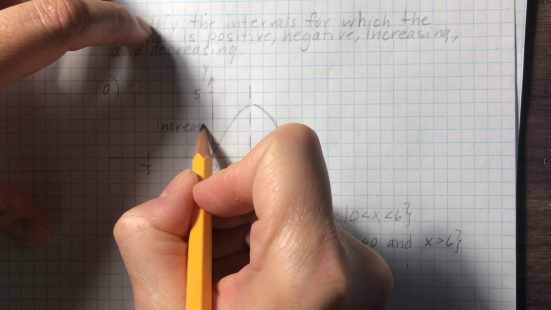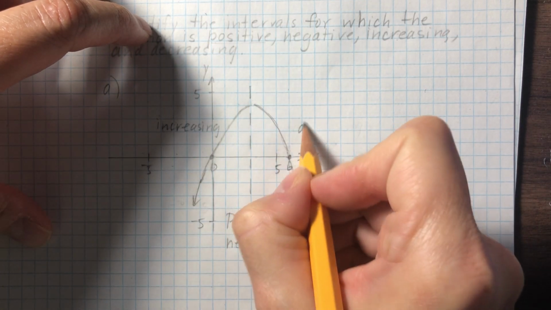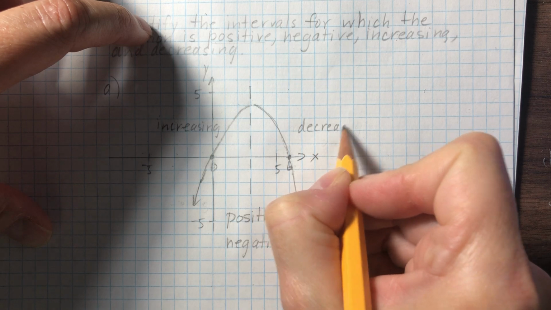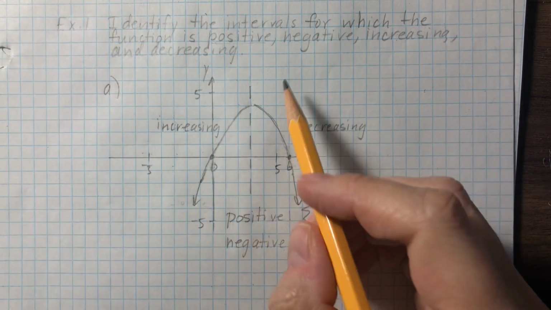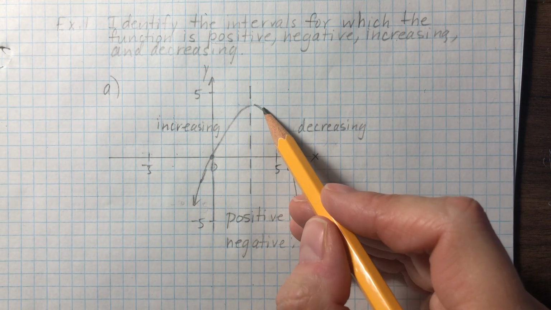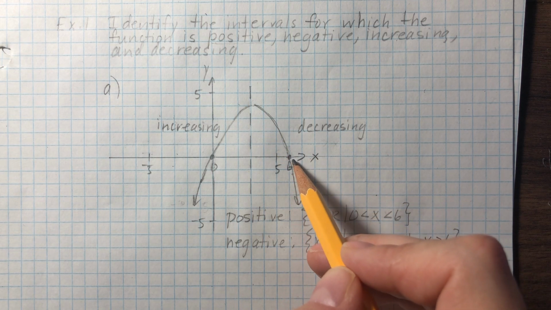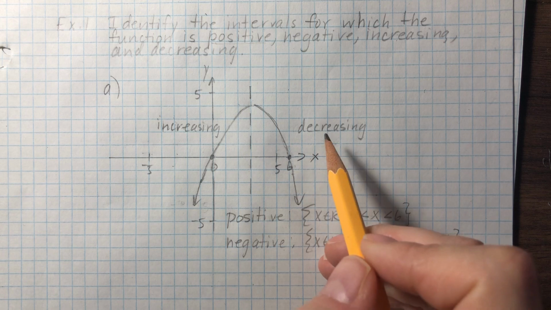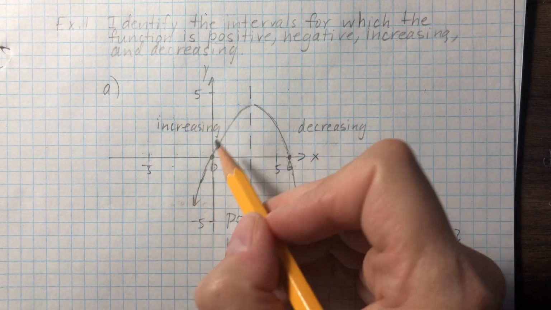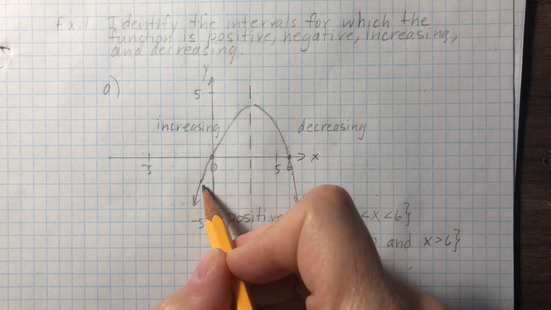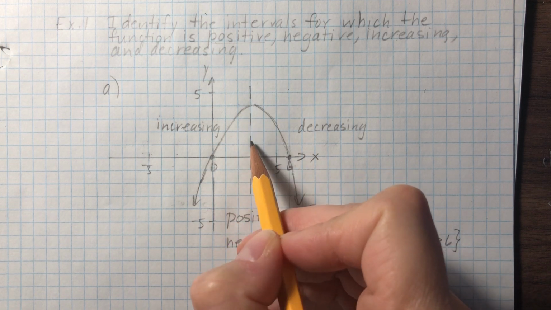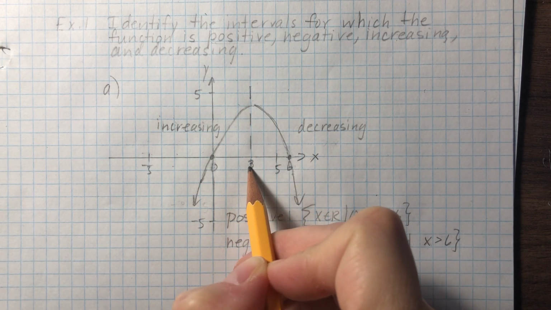That means the other side would be the decreasing side. And I can verify just by following along from left to right. I start with high y values and then they become smaller and smaller and decrease. So this is my increasing side and it only goes up to this point here, which has an x-coordinate of 3.